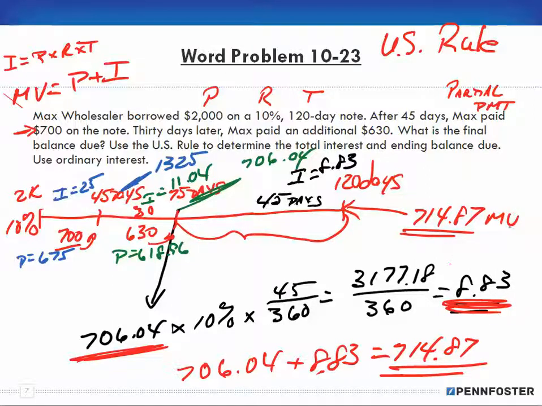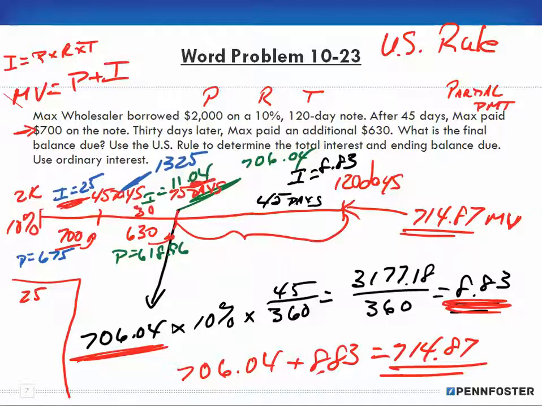Okay. Now, the total amount of interest, right? Because it's asking to determine the total interest. Well, the total interest, let me find a little space over here. The total interest was the original $25 here, right?